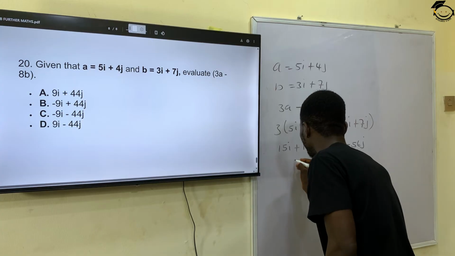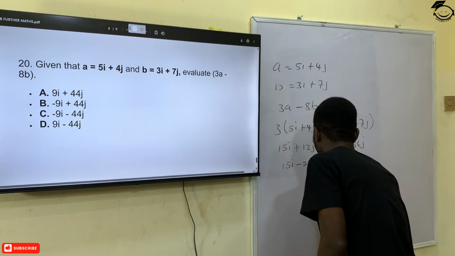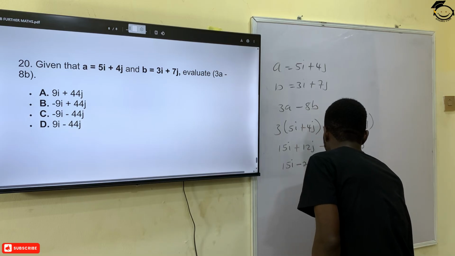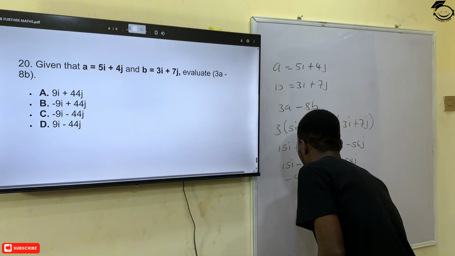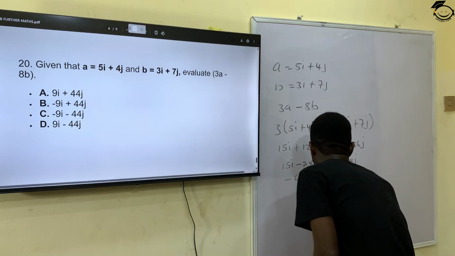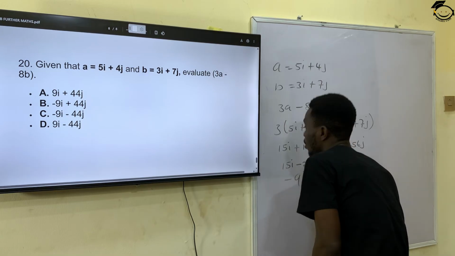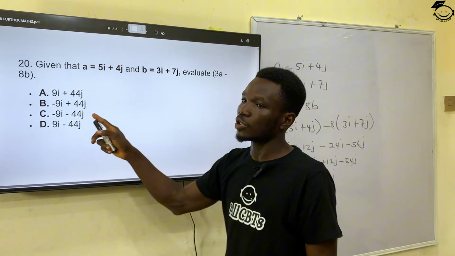So if I group them together, I have 15i minus 24i, and I have plus 12j minus 56j. That will give me minus 9i minus 44j. So look for minus 9i minus 44j, which is option C.